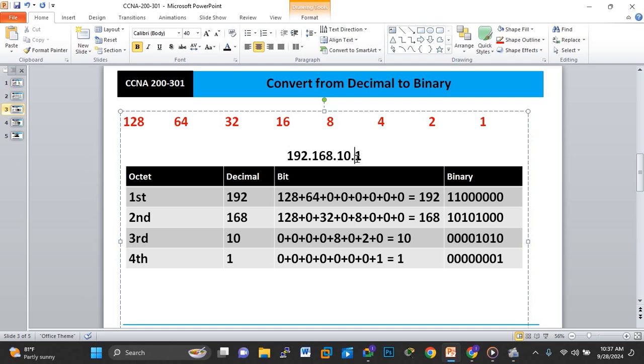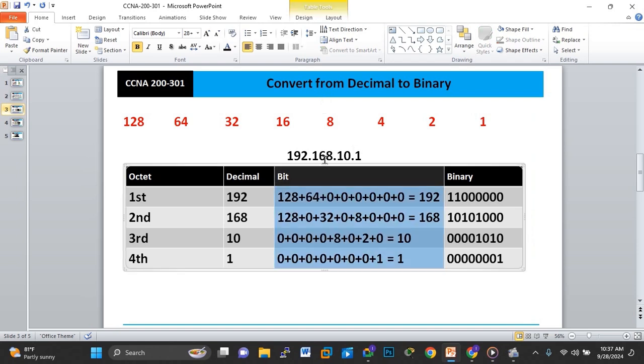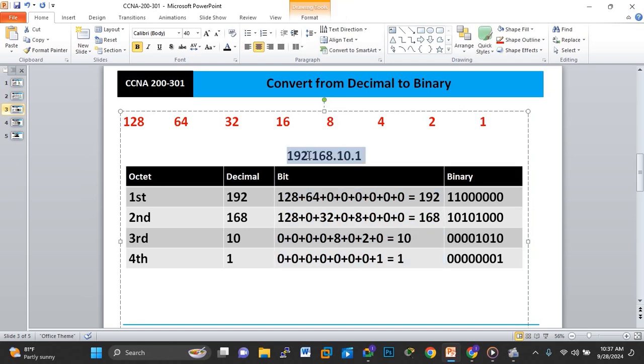This is the IP address assigned to this particular PC. So let's say we want to convert this IP address now to binary, because computers, when they are working logically, they operate in binaries. So as engineers or techs, especially those preparing for certification, you really need to know how these conversions happen behind the scenes.